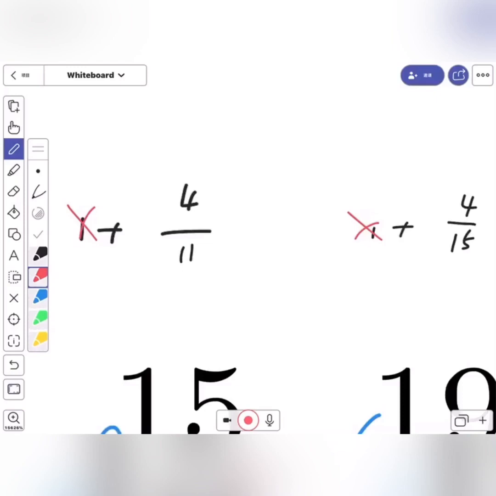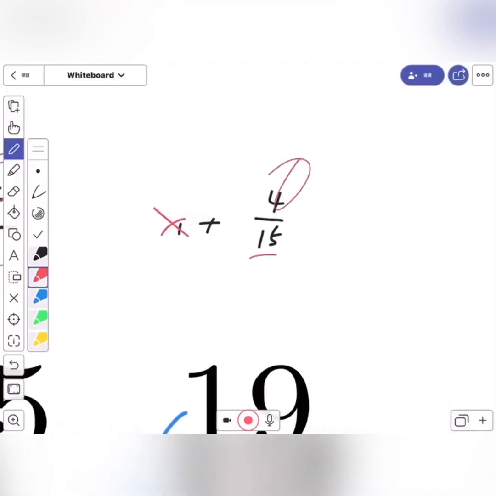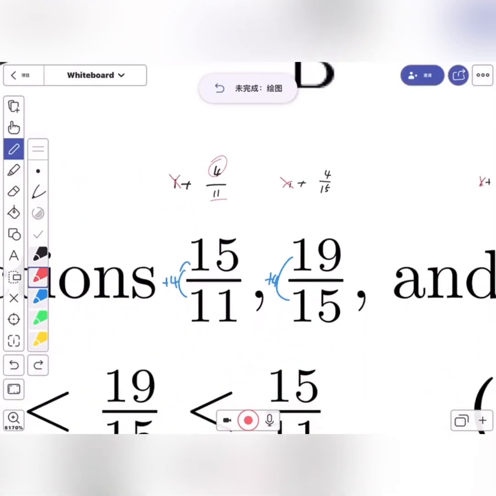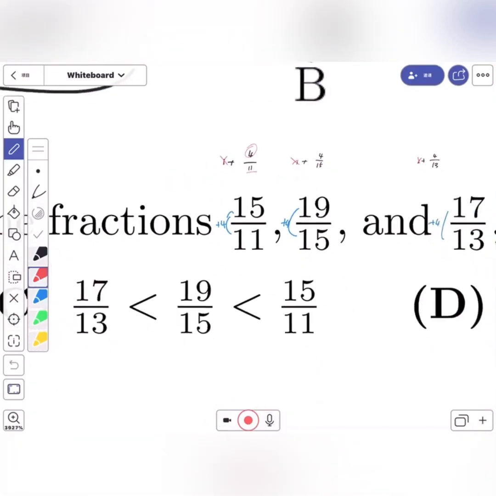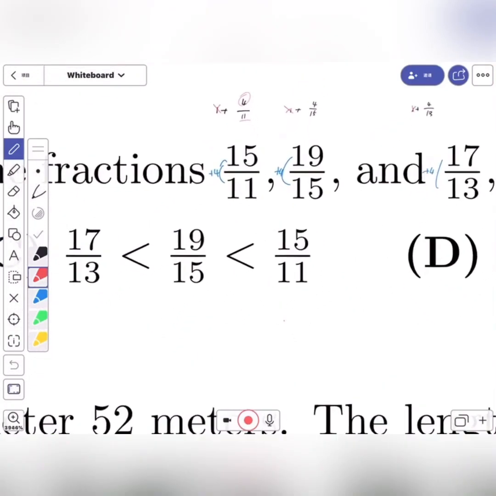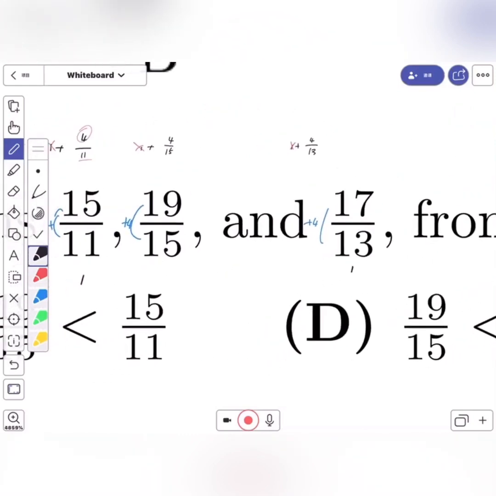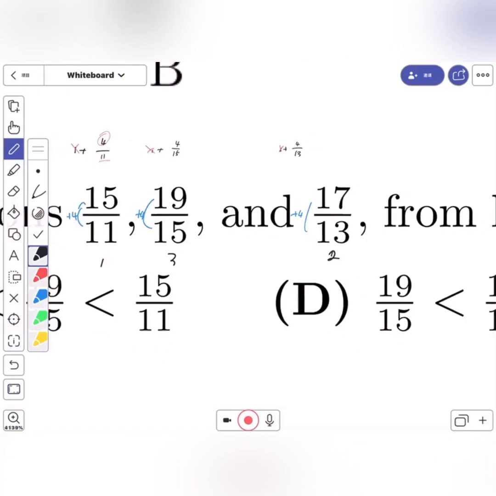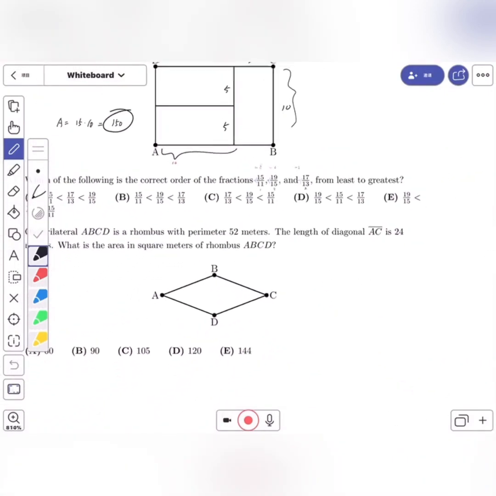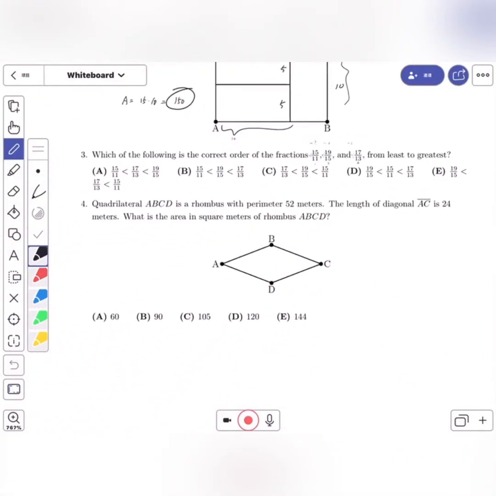Since basically we're just dividing 4 into 11 pieces, 4 into 15 pieces, and 4 into 13 pieces. And clearly, we want to minimize the number of pieces to maximize the quantity of each piece. So therefore, we clearly would have this being the largest, which is 1, this being the second largest, which is 2, and this being the third largest, which is 3. And we'll just find the ordering that corresponds to what we have found, which is E.